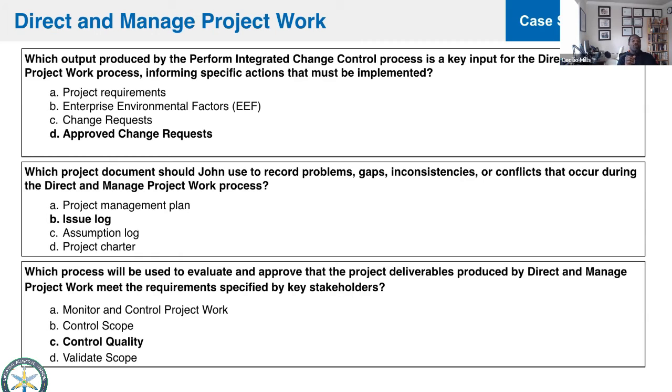And they say, which of the following documents would outline what that problem is? That's going to be the change log. But if there's just problems, there's gaps, there's inconsistencies, there's conflicts that occur while we're creating the deliverables, then that goes into the issue log. So I just want to mention that those are 2 different things for PMI.